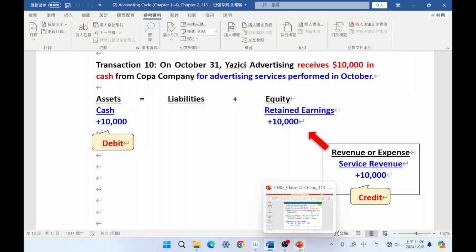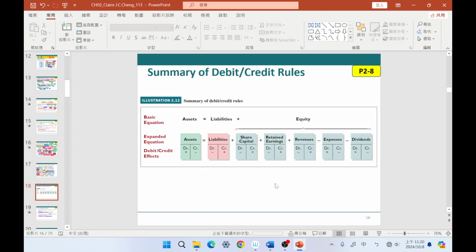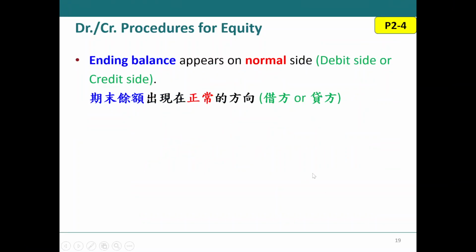No problem. Then please go back to our slide on page 19. Page 19. I want to tell you another new term. Okay? So far, how many new terms we have? Debit, left. Credit, right. Debit balance, final amount on left side.